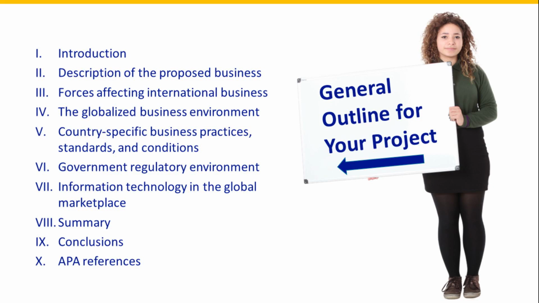You will also need to address any country-specific business practices, standards, and conditions, along with an overview of the government's regulatory environment. Information technology plays a significant role in global commerce, so be sure to discuss how technology may also affect your particular venture. Finally, you'll wrap up with a summary, some conclusions, and of course a properly formatted APA reference list, as always.